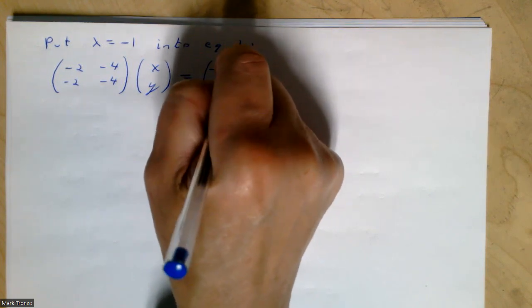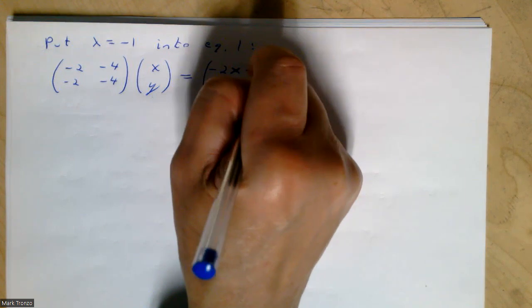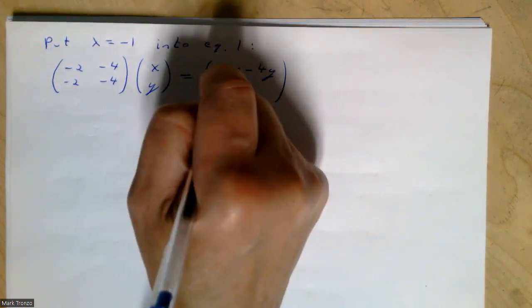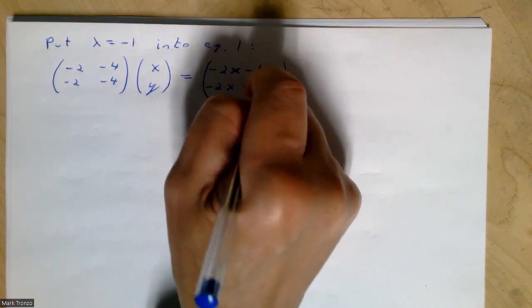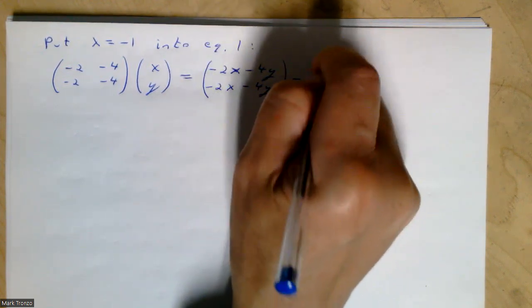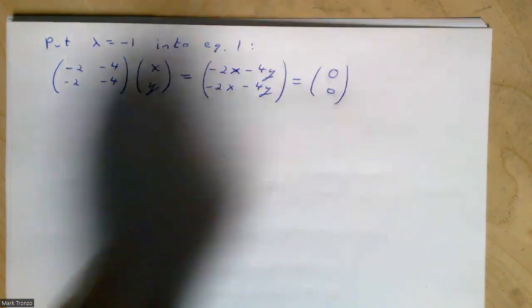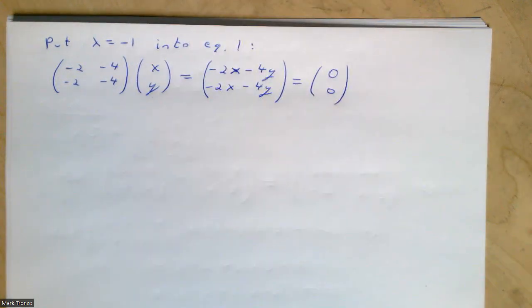That's going to give us minus 2x minus 4y, minus 2x minus 4y, and set this equal to 0, 0.